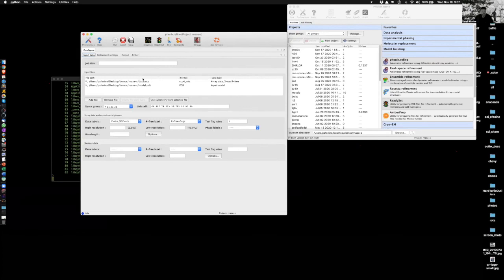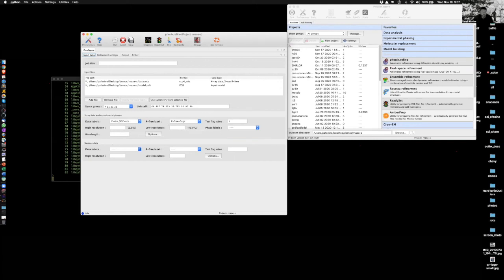Again, if your data file has multiple arrays of data, you can choose which one you want to use in refinement right here. Same with R-free flags. It reports resolution limits of the data, but if you have a very strong reason to truncate the data at a certain resolution, we never recommend this, but if you have a reason to do so, you can type in the resolution limits.